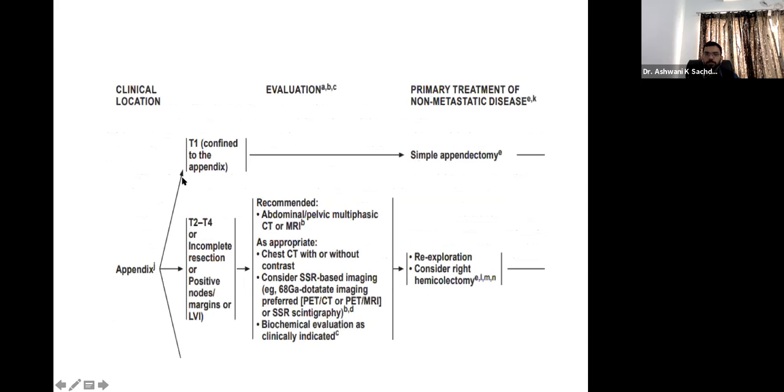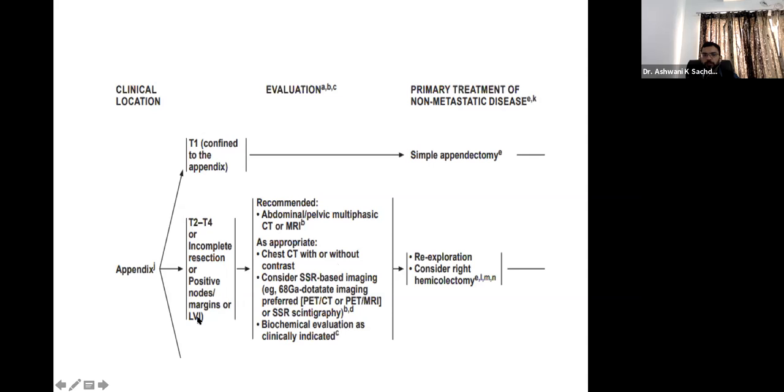I'll explain according to the NCCN guidelines also. For T1 tumors confined to the appendix, simple appendectomy is to be done. For T2 to T4 tumors, those with incomplete resection or positive margins. So the only feature in this case was a T2 tumor.